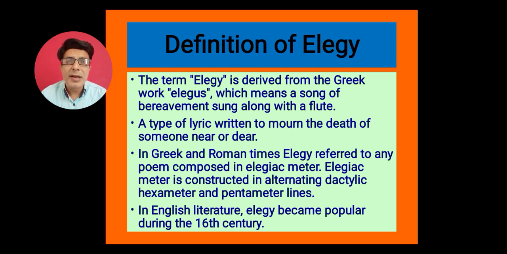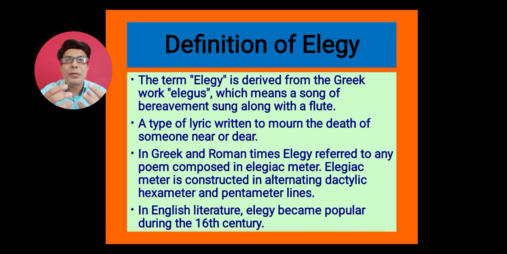Friends, to begin with, let me tell you that the term elegy actually comes from the Greek language. In Greek, there is a word called elegus, and elegus means the bereavement sung along with a flute.